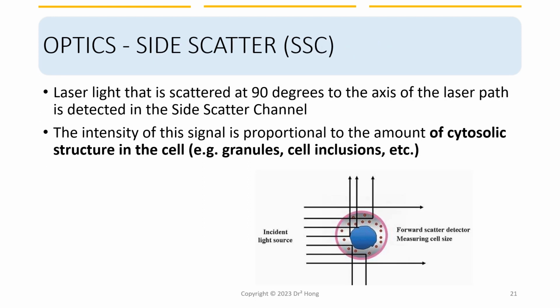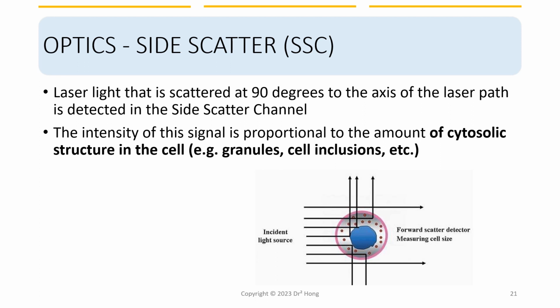Side scatter, on the other hand, is the measurement of light that is scattered at a 90-degree angle to the laser beam as it passes through a cell. Now, this measurement is related to the internal complexity or cytosolic structure of the cell. Cells that have more internal complexity or granularity will scatter more light in the side direction.